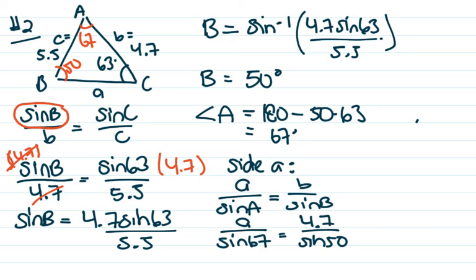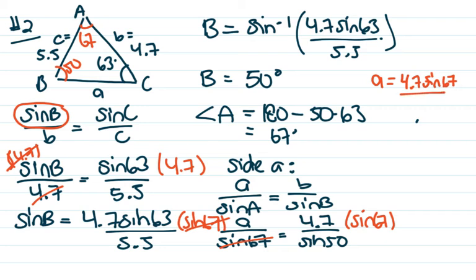We want to get A by itself, so it's being divided by sine 67, so we'll multiply by sine 67. This will cancel out on the left side, and then we'll have A equals 4.7 sine 67 divided by sine 50. Type that all into your calculator and you will get A equals 5.6. So side A is 5.6.